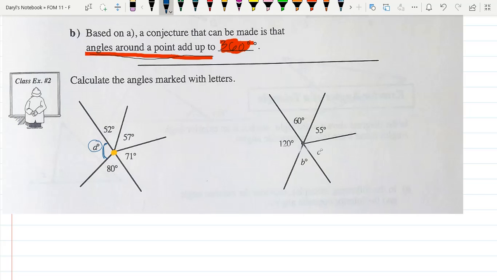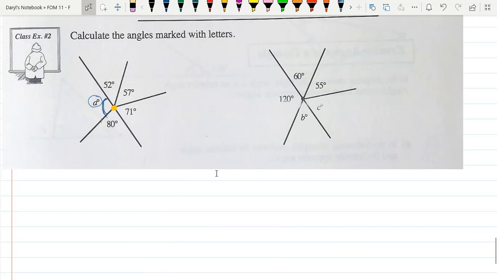This time, even though you don't have a protractor, you can determine angle A by knowing that the total angle measurement around a point is 360 degrees. So if I add A plus 52 plus 57 plus 71 plus 80 degrees, that should give me 360 degrees.